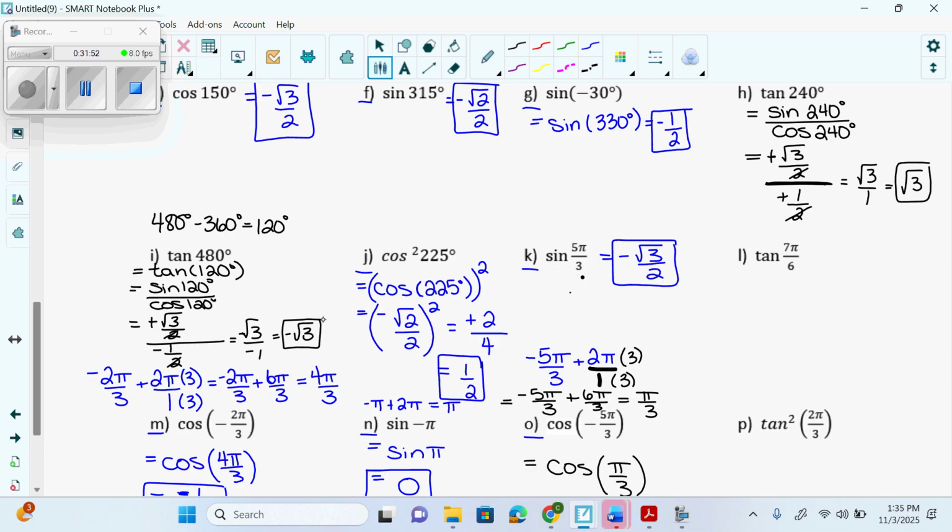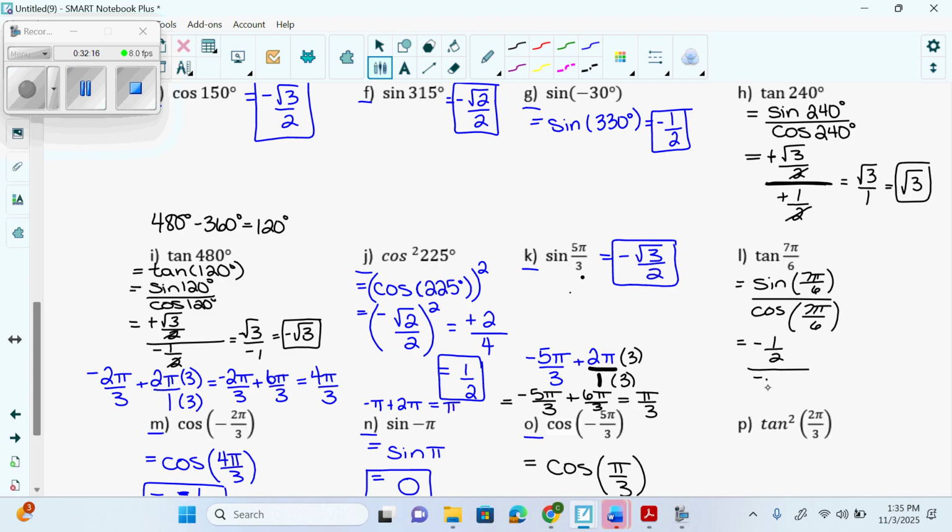Tan of 7 pi over 6 is the same as sine of 7 pi over 6 divided by cos of 7 pi over 6. Okay. Sine of 7 pi over 6 is negative 1/2.